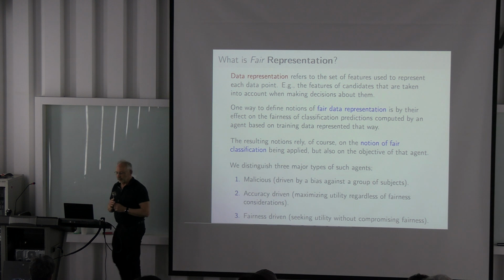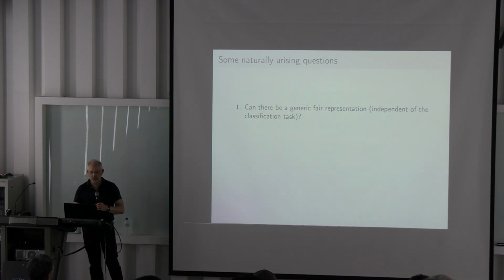But even after we overcome this issue, we can ask, can there be a generic fair representation? If I want to accept students to a program in AI, and I want to accept students to a program in systems, should the representation of students be the same for both decisions to make sure that they are fair?